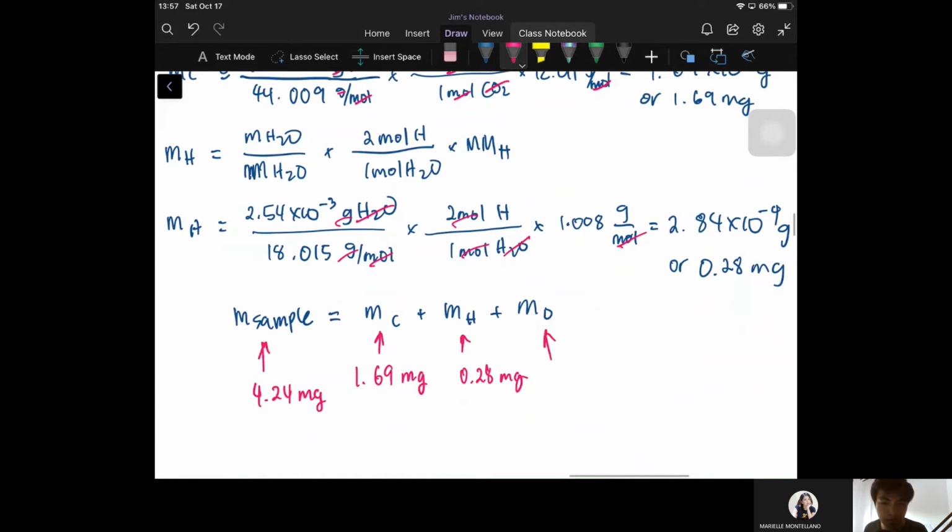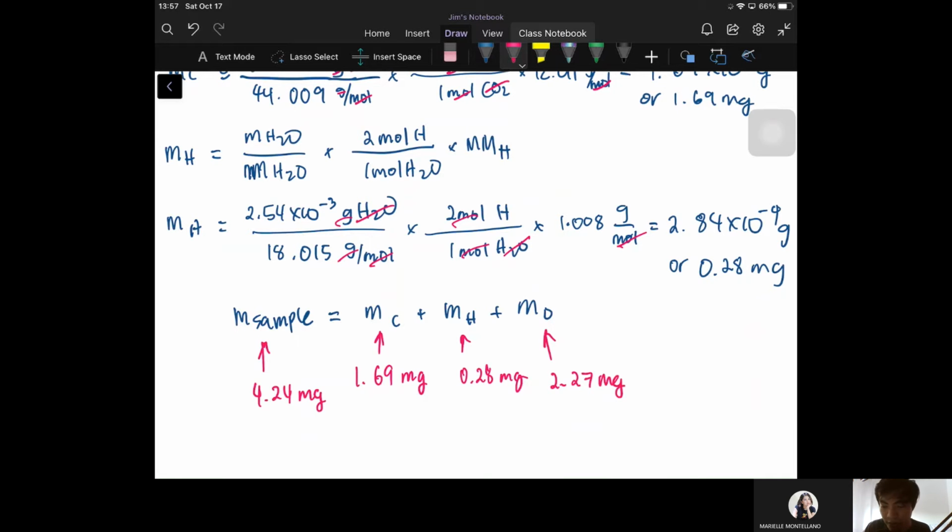Ngayon, ano yung mass ng oxygen? Paano mo malalaman yung mass ng oxygen? Ay, subtract mo lang, no? So, parang x lang yan, no? 1.69 plus 0.28 plus x equals 4.24, no? So, ganun lang. Just solve for this missing number. Ano yung pwede natin ilagay dito para maging 4.24 yung sum nila? So, solve ko lang. So, for that number, that will be 2.27 milligrams lang.